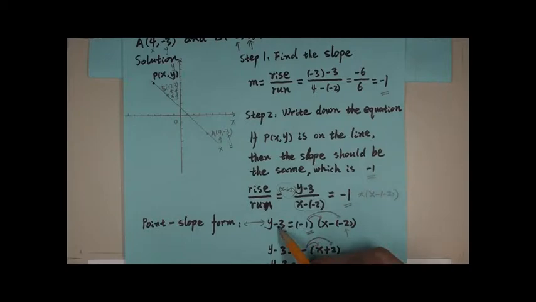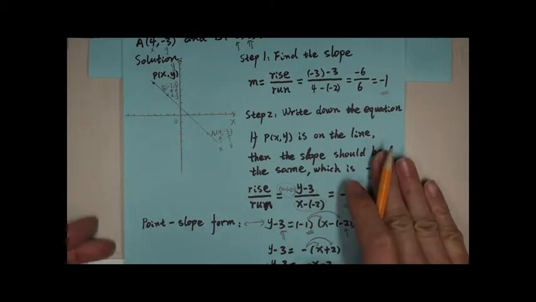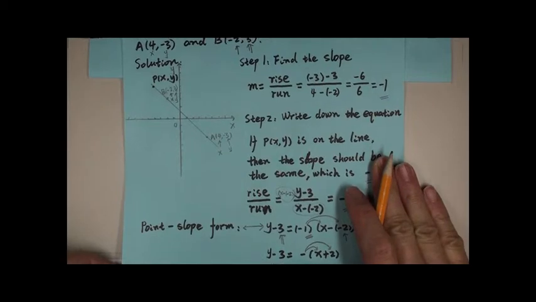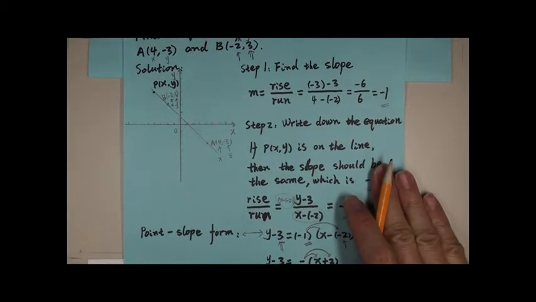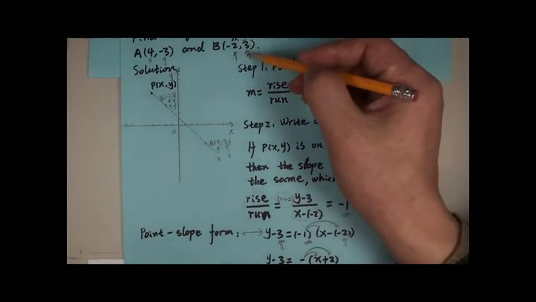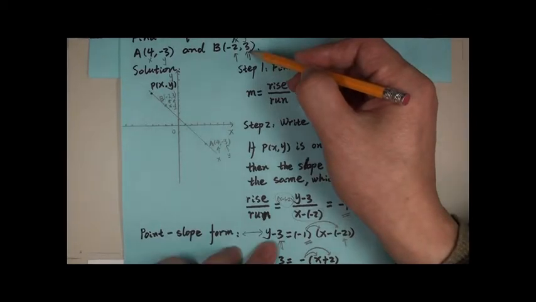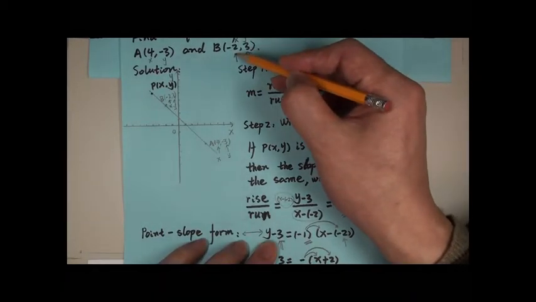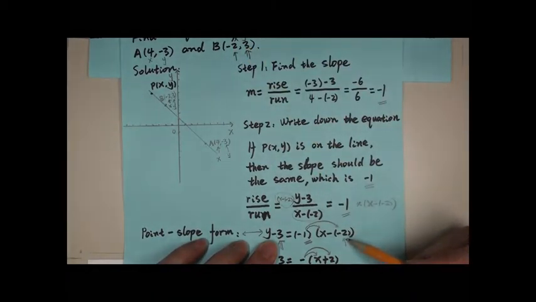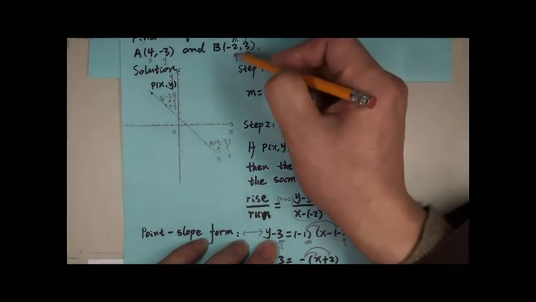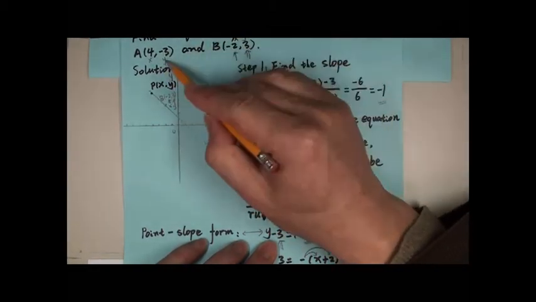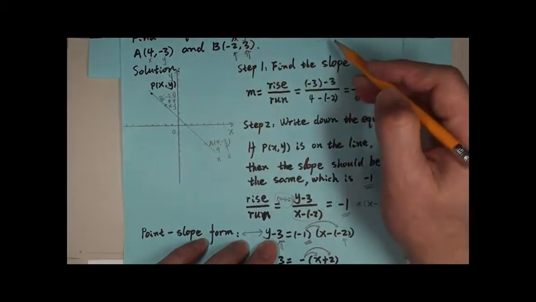And this minus 3, minus negative 2: 3 comes from here, minus 3. Negative 2 comes from here. You can choose either one of them, you'll get the same equation.